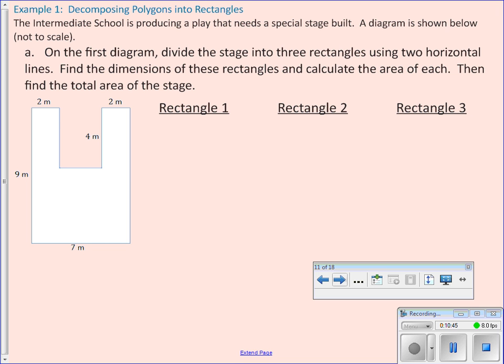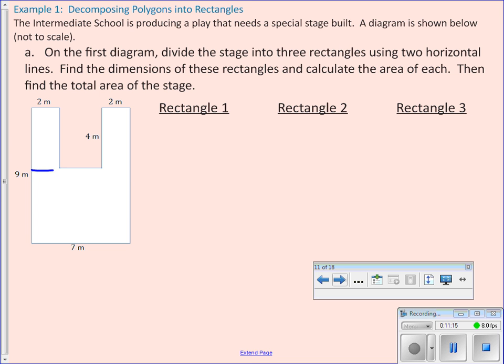All right. So, the intermediate school is producing a play that needs a special stage build. A diagram is shown below, not to scale, which means don't eyeball it, don't measure it, don't use ratios. So on the first diagram, which we have here on the top of your note page, divide the stage into 3 rectangles using 2 horizontal lines.